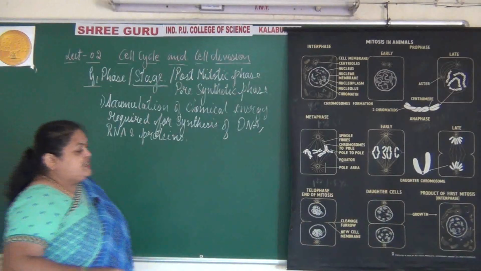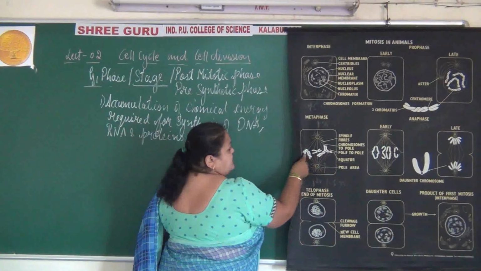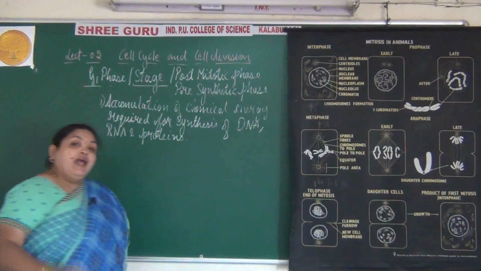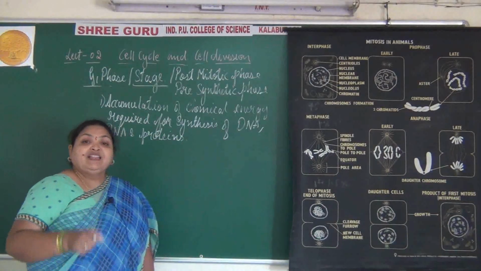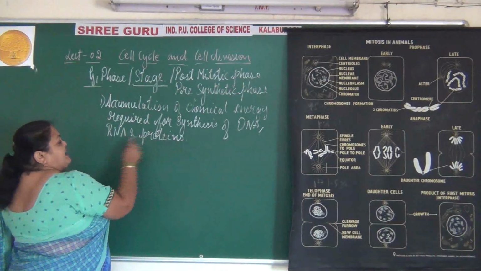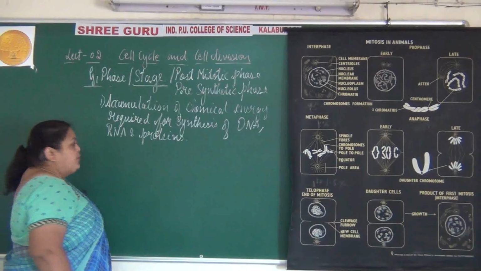So here you will see that these are the chromosomes, these are the spindle fibers. They all have to be synthesized. In that, the main components that are to be synthesized are DNA, RNA and proteins.